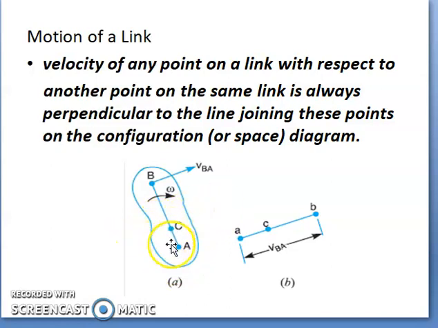If you draw a circle with AC as radius, then the velocity will be tangential to the circle and the magnitude will be given by AC into omega.